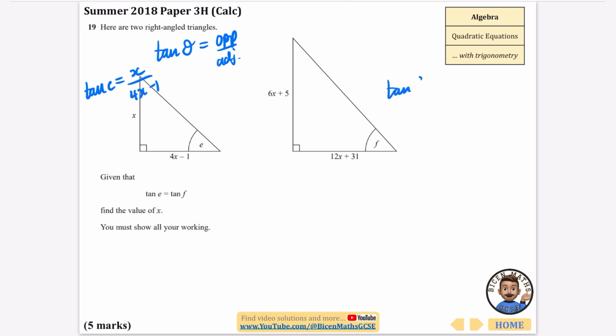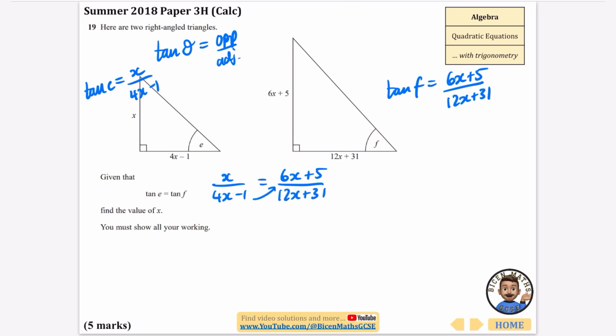And tan F is going to be the opposite, which is 6x plus 5, divided by the adjacent, which is 12x plus 31. So that means x over 4x minus 1, which is tan E, is equal to tan F, which is 6x plus 5 over 12x plus 31.